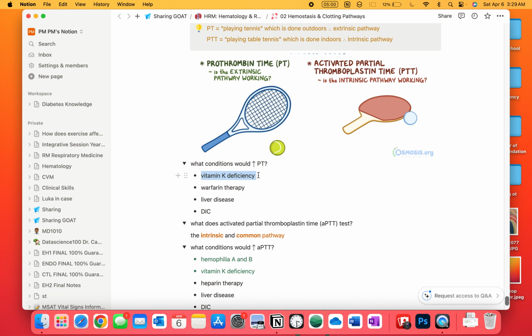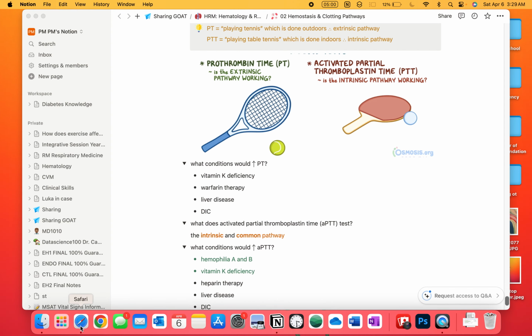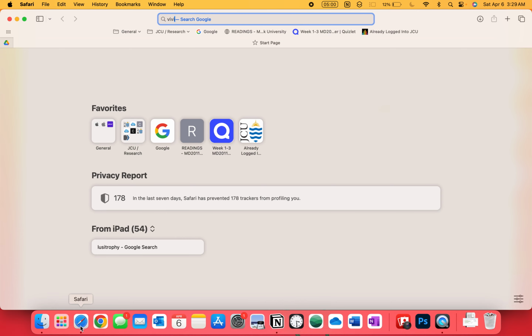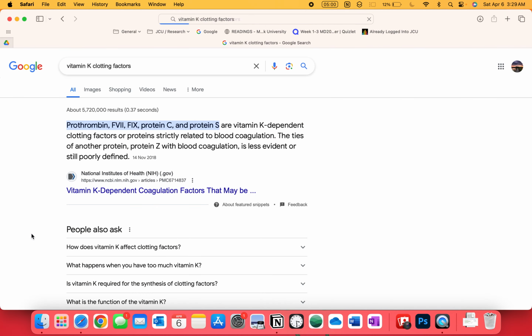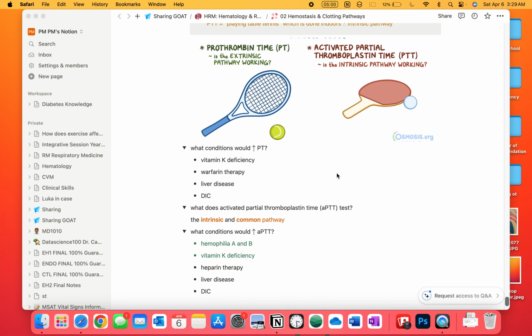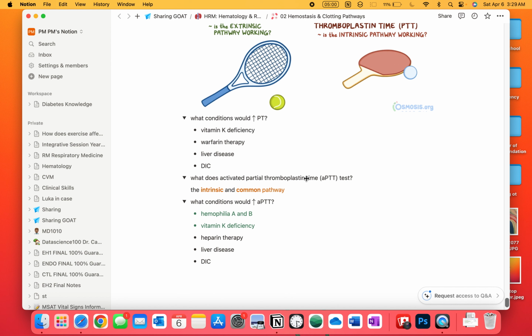And this kind of hints at the vitamin K clotting factors. You're going to have your factor 7, which is your extrinsic pathway. You're going to have factor 9, which is technically intrinsic, protein C, protein S. I guess factor 7, that'd be really easy because you know that vitamin K deficiency and warfarin would increase PT time.